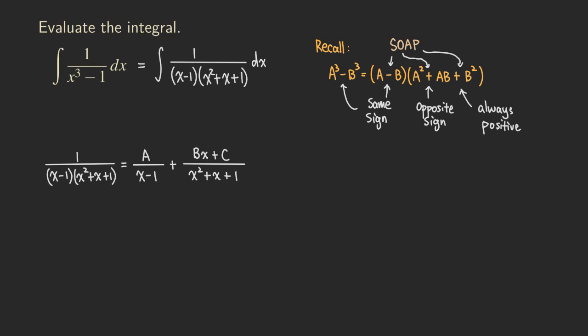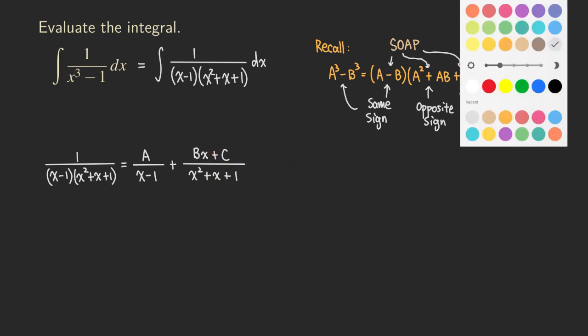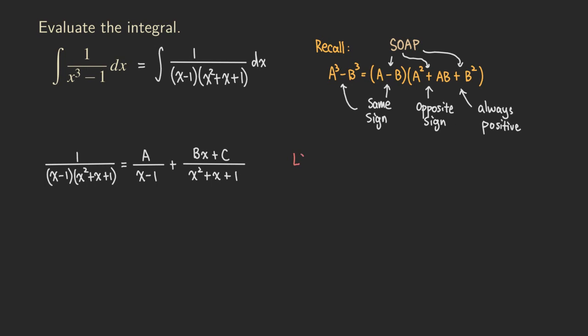So now you may say, what's next then? So the next step is to clear the fractions so that we only need to worry about working with the numerator. So the way that we do that is that we are going to write down the LCD right here. The LCD is actually easy to determine. It's basically just the original denominator.